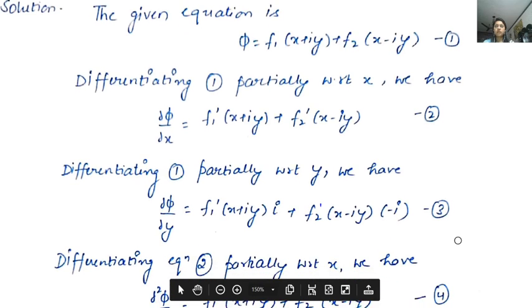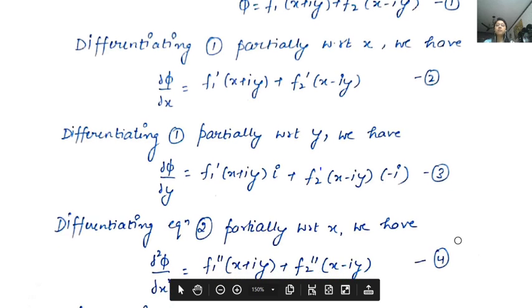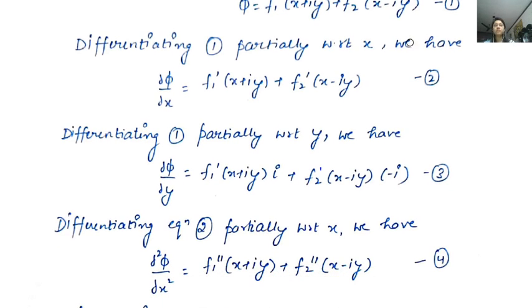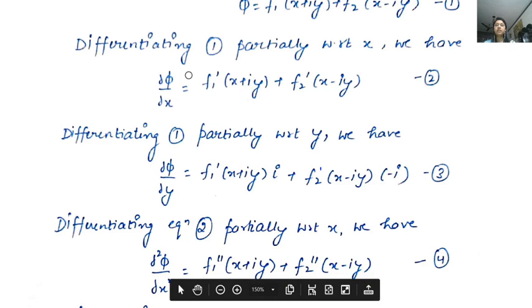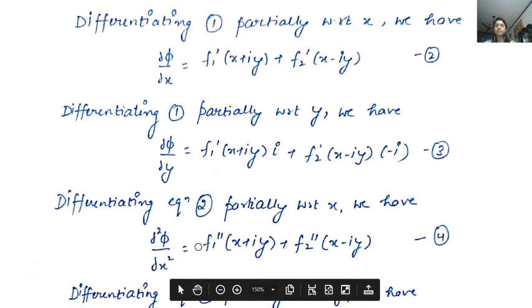Now, here we have two arbitrary functions, and with the help of these three equations 1, 2 and 3, we are not able to eliminate f1 and f2. So, we'll differentiate equation 2 partially with respect to x to get ∂²φ/∂x², and this is equal to f1''(x + iy) + f2''(x − iy).